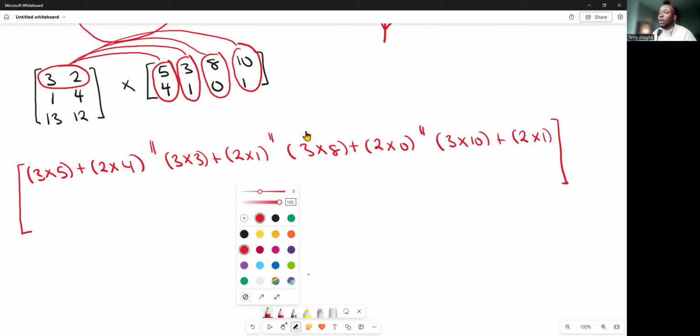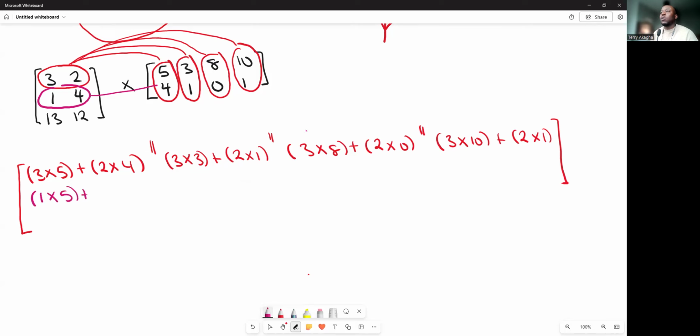The next one we have in black. Let me use another color, let me just say pink. We'll repeat the same thing. For the first one, it's going to become 1 times 5 plus 4 times 4. We're done with that.